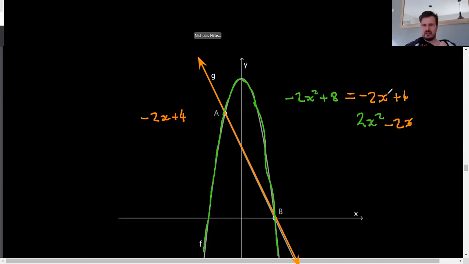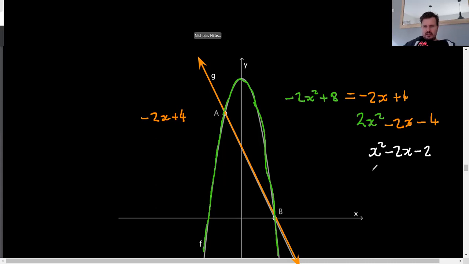When the 8 goes across, it becomes minus 8, so minus 8 plus 4 is minus 4. To make it a little bit simpler, I divide by 2. I get x squared minus 2x minus 2.